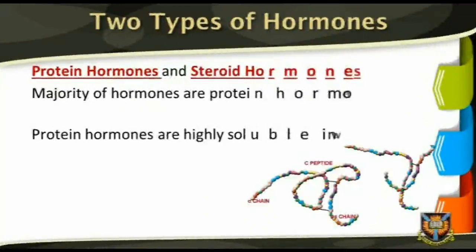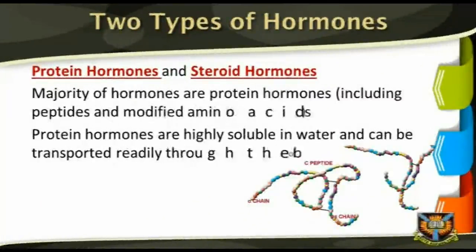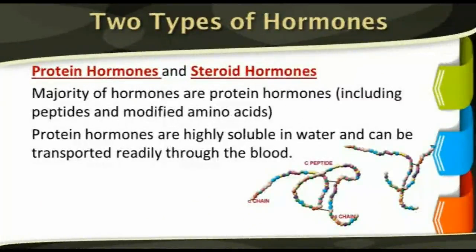Most hormones are one of two types: protein hormones, including peptides and modified amino acids, or steroid hormones. The majority of hormones are protein hormones. They are highly soluble in water and can be transported readily through the blood.